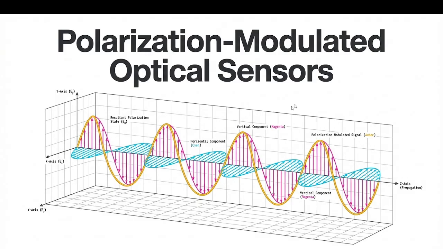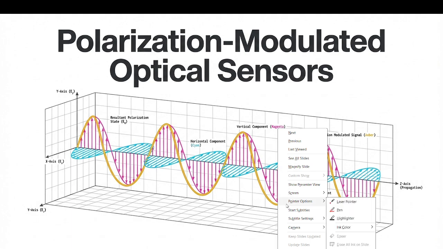You can see the x, y graphical representation scheme I have shown, with the y-axis Ey and the x-axis Ex vector. Then this is the resultant polarization, which is towards the y-axis, the horizontal component is the cyan one, and the vertical component is the magenta one.